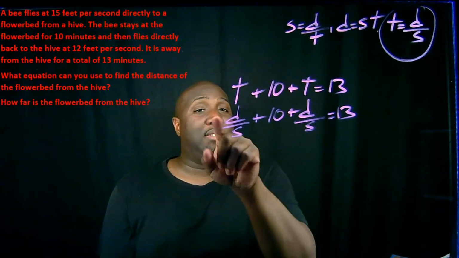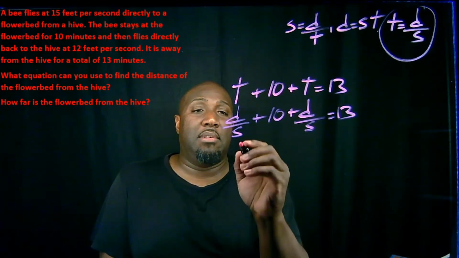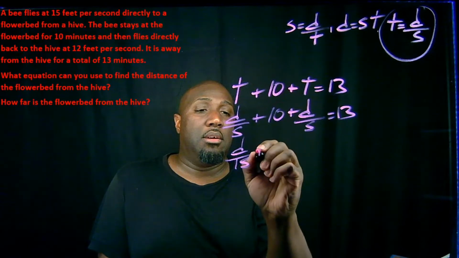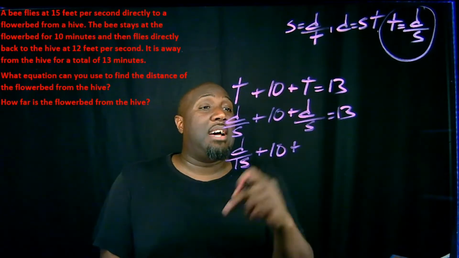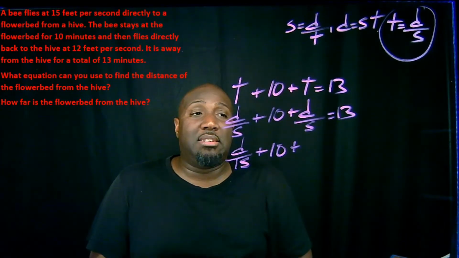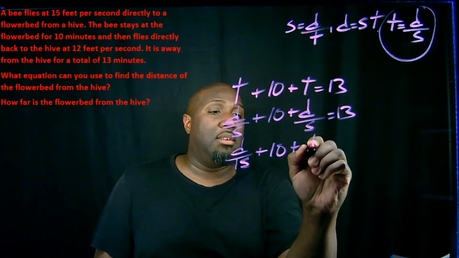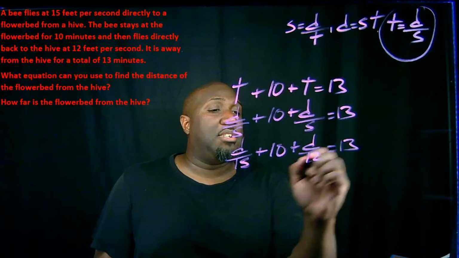We don't know what the distance is yet, but we know the speed was 15 feet per second. So it was D over 15 plus 10, plus, now this is the time from the flower bed back to the hive. Like I said, we don't know the distance, but we know the speed was 12 feet per second. So it's D over 12 equals 13.